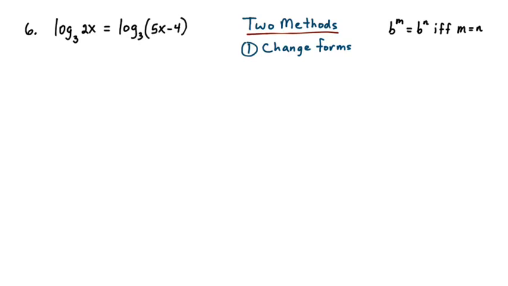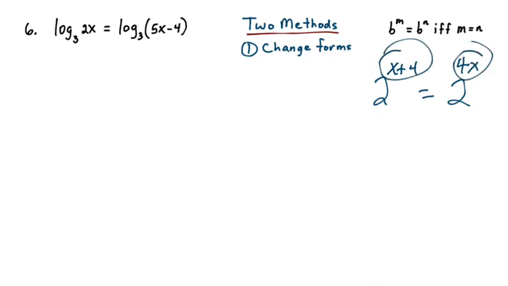So for example, if we had 2 to the x plus 4 equals 2 to the 4x, then we would set the exponents equal since our bases were equal. So basically, if two powers of 2 are equal, the only way that could possibly be true is if the exponents are equal. So let me go ahead and erase this.